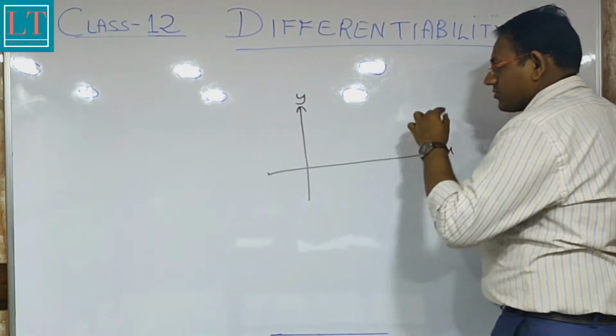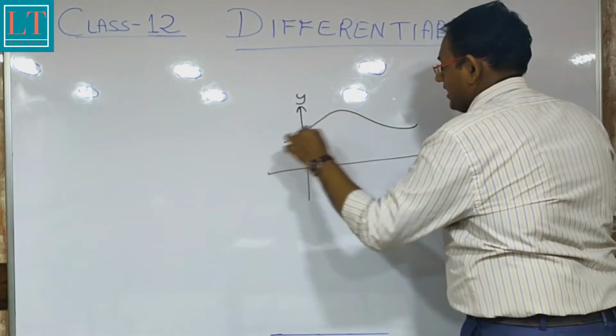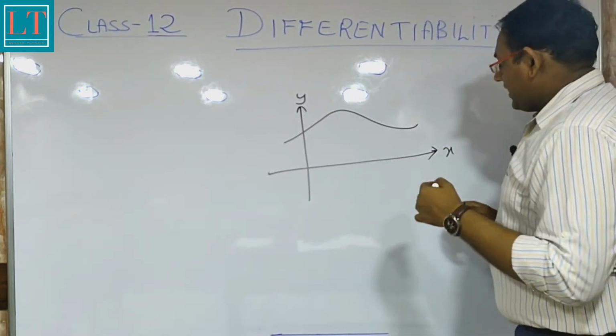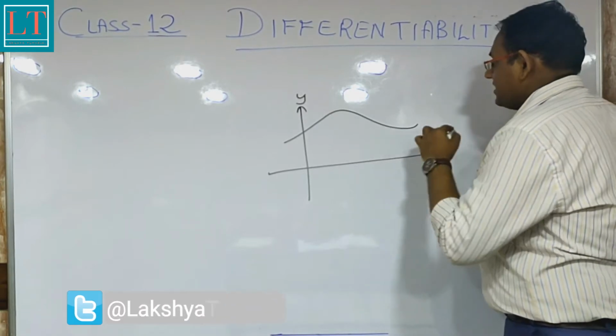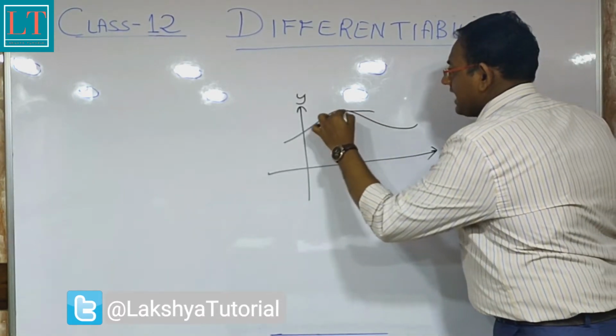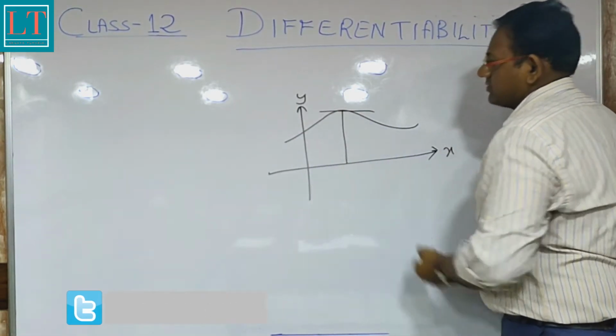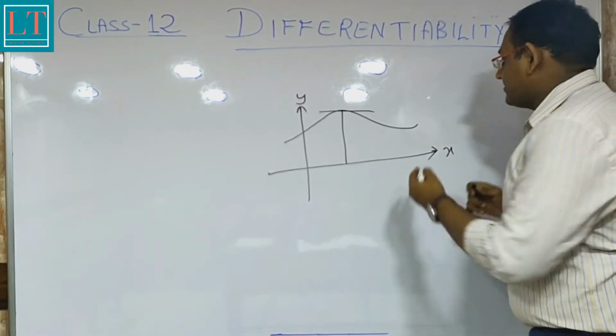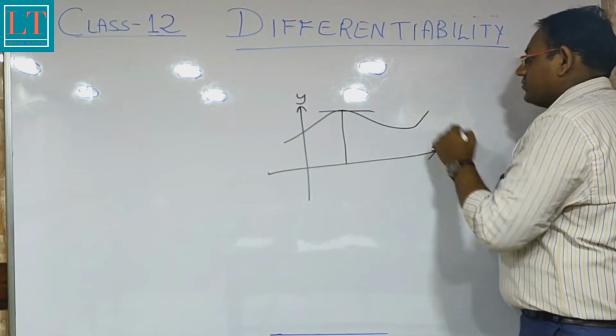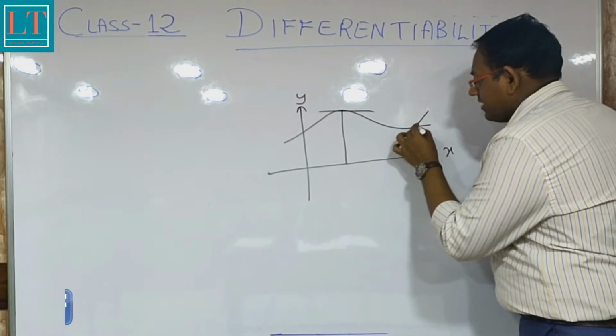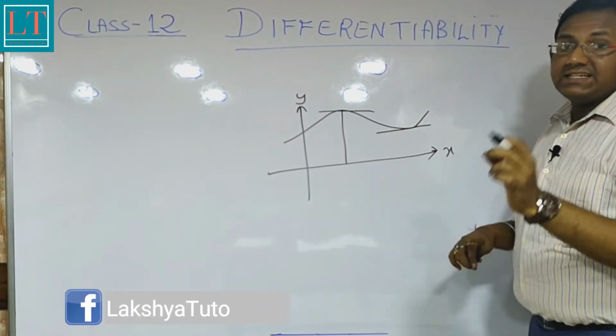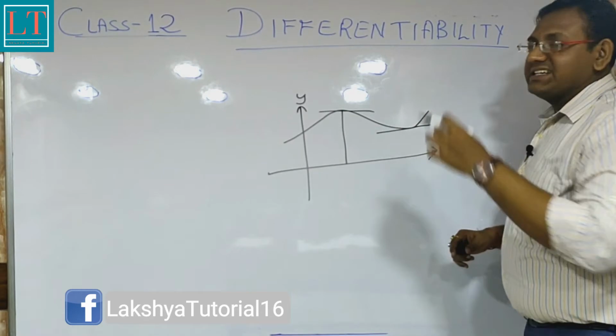If we draw any curve like this, differentiation basically means drawing a tangent at that point. The word differentiation means that we are drawing a tangent to that curve at that point.